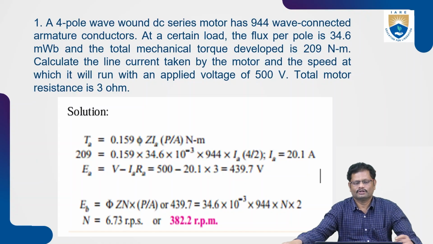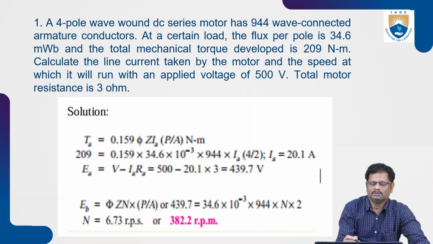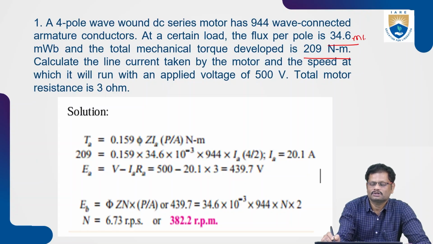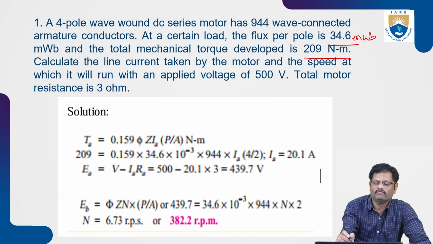So, coming to the solution. The given mechanical torque developed is 209 Newton meters and flux per pole is given as 34.6 milliwebers, and given the total armature conductors are 944.